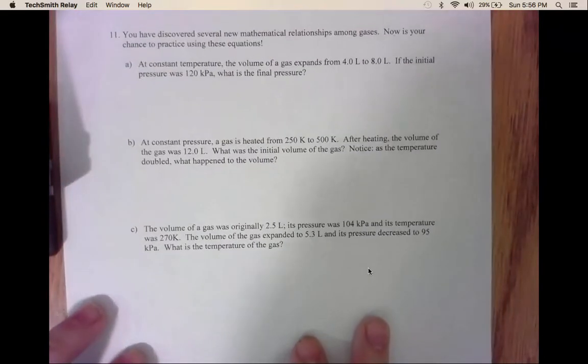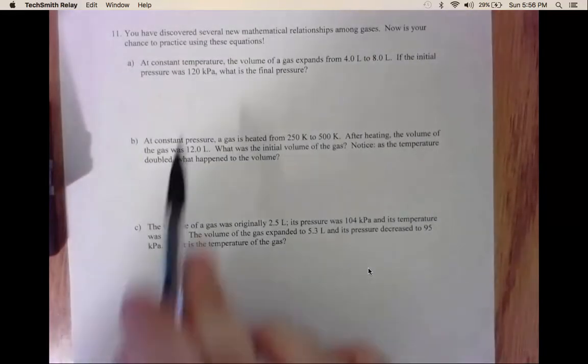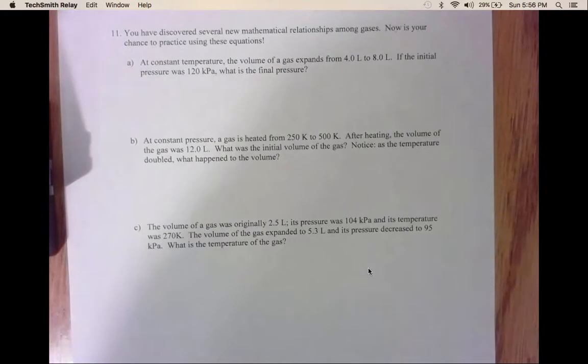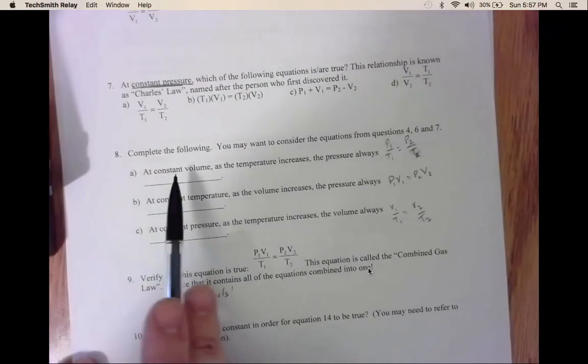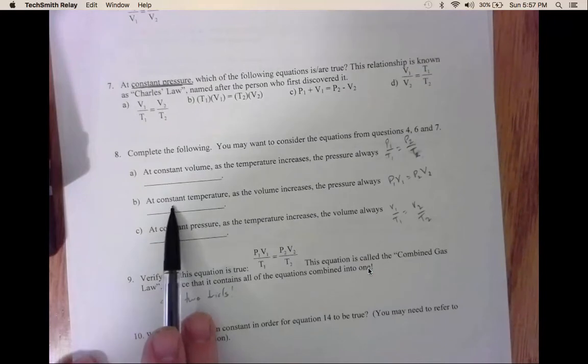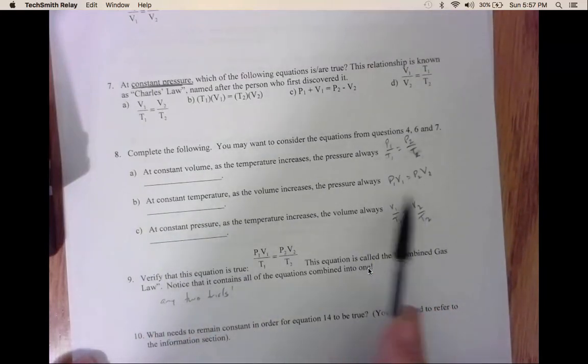And then lastly, question 11. Question 11, we are solving a couple of gas law problems. To solve a gas law problem, you need to identify what's being held constant or what's not being held constant. Remember, guys, a quick reference can be over here, question 8, because we know at constant volume we use this equation, at constant temperature we'll use this one, at constant pressure we'll use this equation.